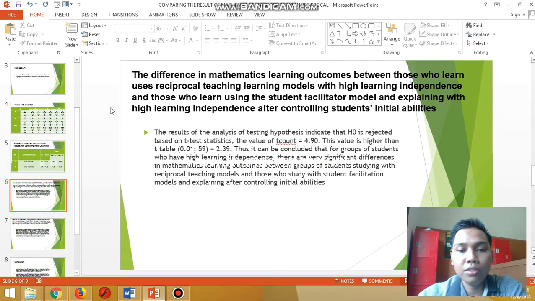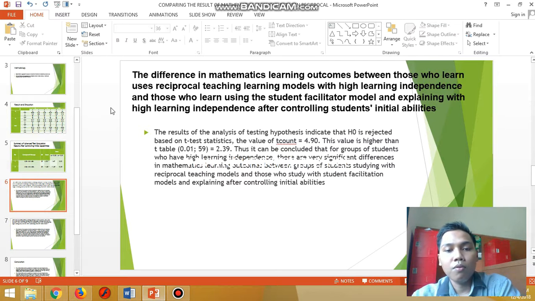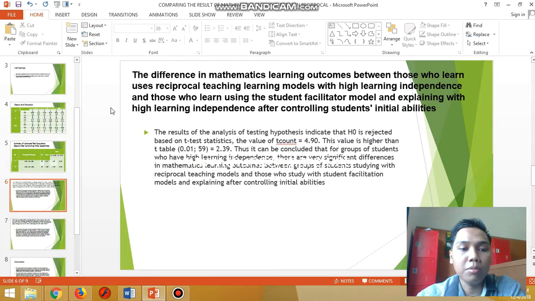The t value is higher than the t table, 0.0159 equal to 2.39. Thus, it can be concluded that for the group of students who have high learning independence, there is a very significant difference in mathematics learning outcome.